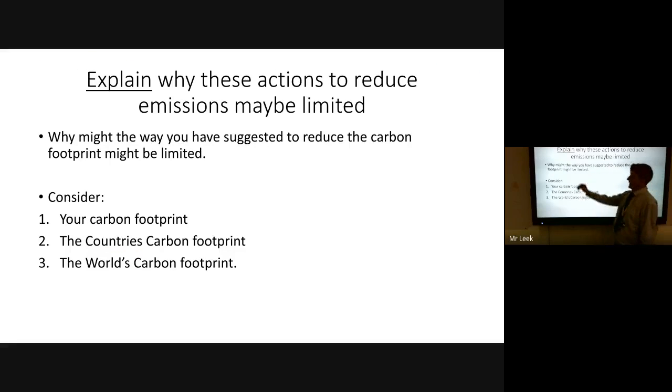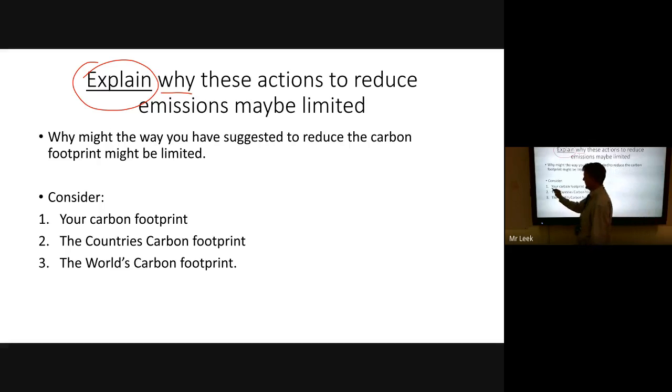The second activity is an explain, which has a why next to it. Explain why these actions to reduce carbon emissions may be limited. Why might the way you have suggested to reduce the carbon footprint be limited? So think about your carbon footprint, the country's carbon footprint, the world's carbon footprint.